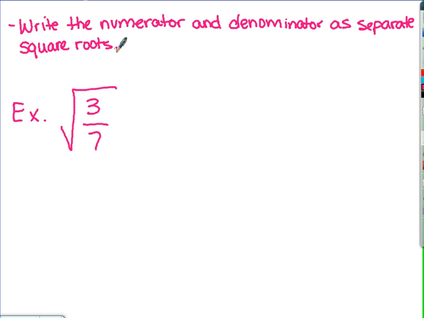And then remember from previous lessons, we can't have a square root in the denominator. So we simplify by rationalizing the denominator. We're getting rid of that radical.